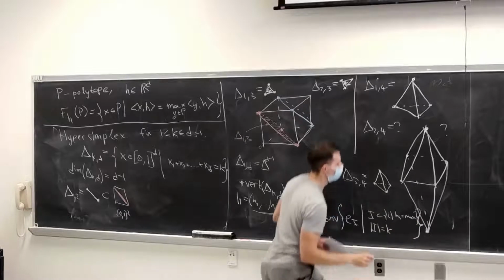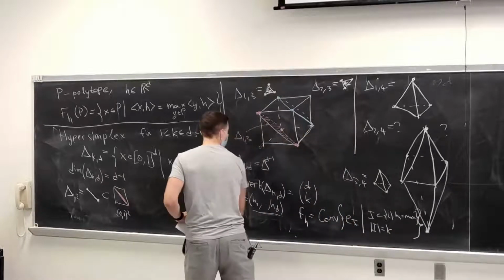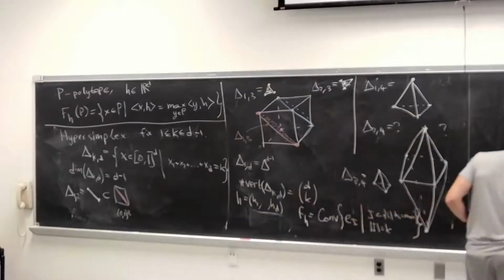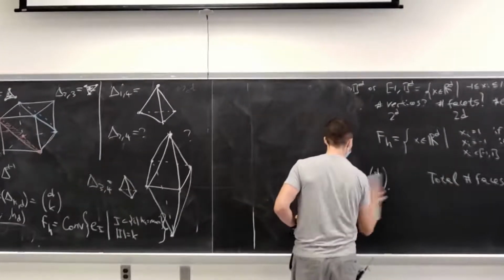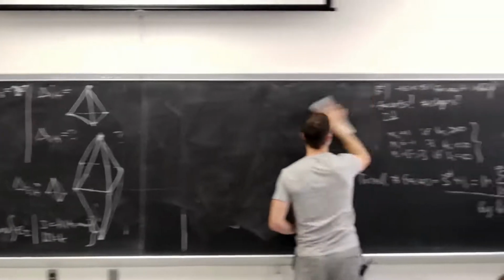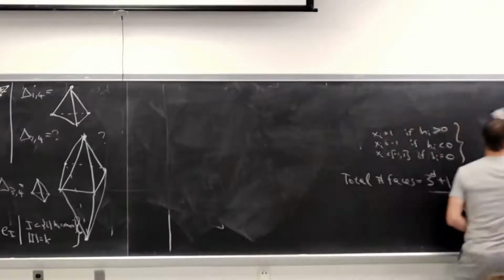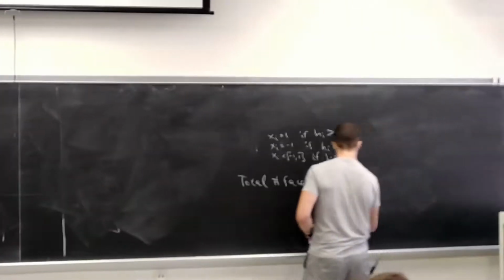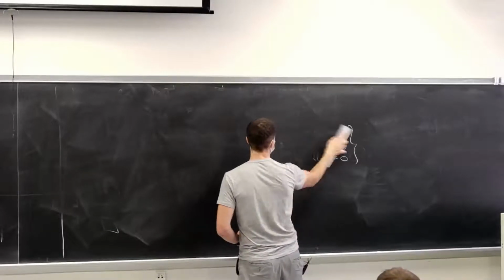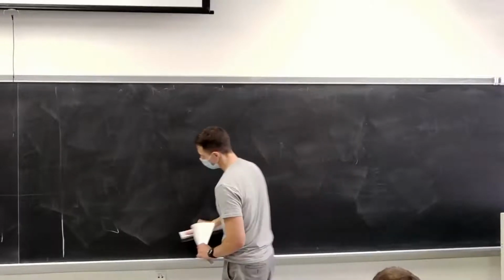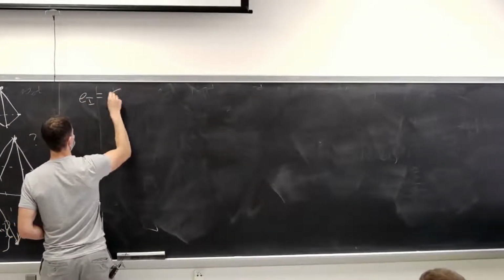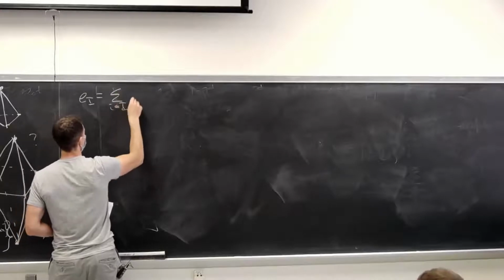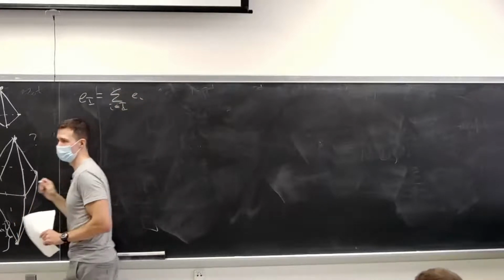And what I mean by E sub I is just by definition the sum over i in I of the standard basis vectors.